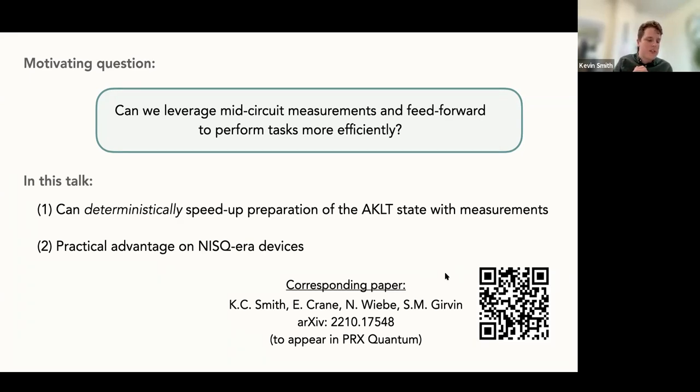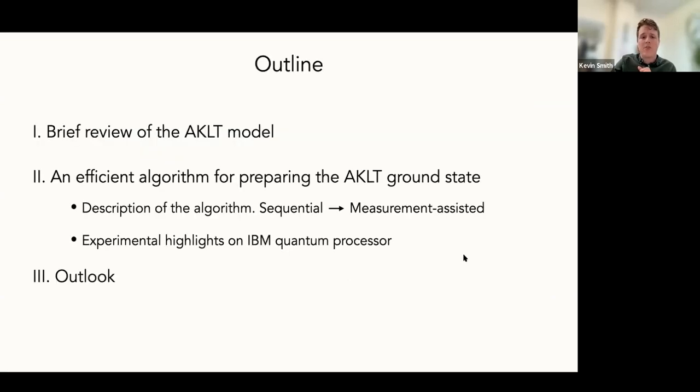And furthermore, that this isn't just something of theoretical interest, but something we can really take advantage of in the NISQ-era. And I'll show this by sharing, as long as there's enough time, some experiments where we run this preparation on an IBM Quantum device. Okay, so that's the general plan for today.